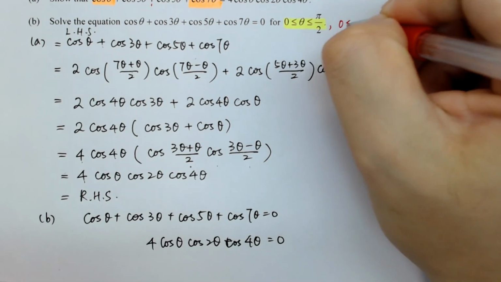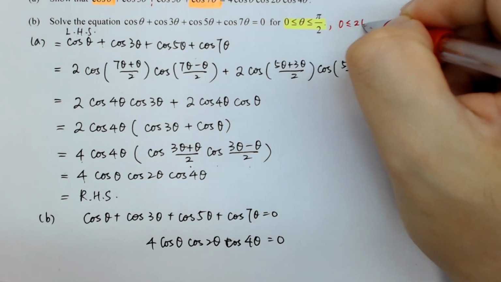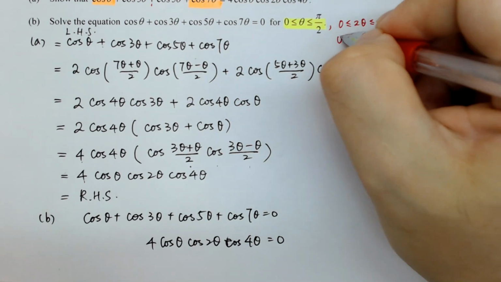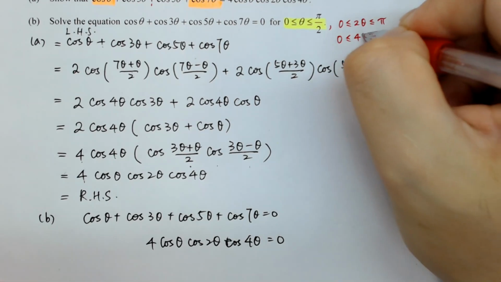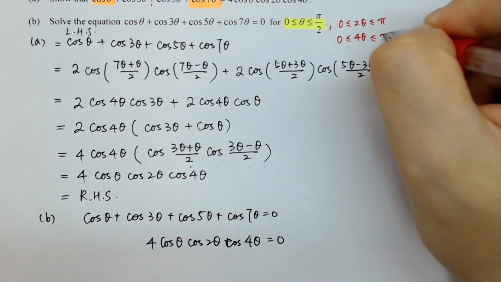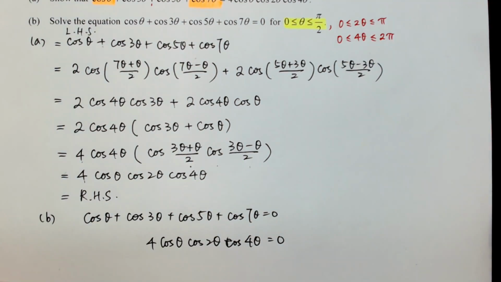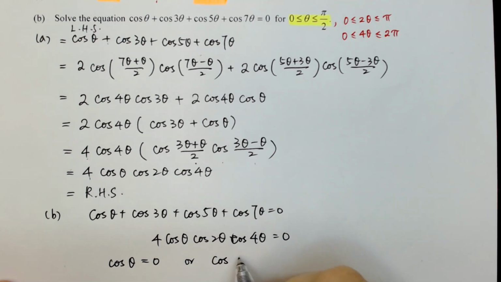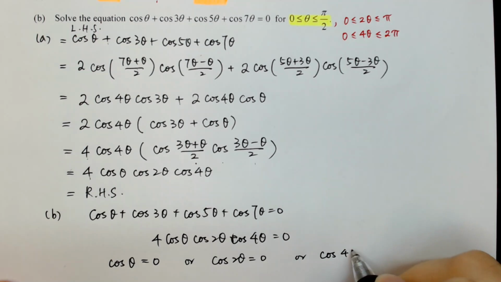That is theta from 0 to pi, so 2 theta is from 0 to 2 pi, and 4 theta is ranging from 0 to 2 pi. Okay? So to solve this, we know that is the same as cosine theta is 0, or cosine 2 theta is 0, or cosine 4 theta is 0.